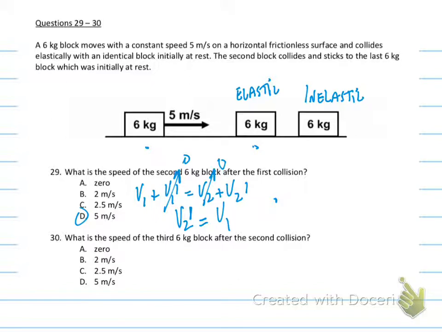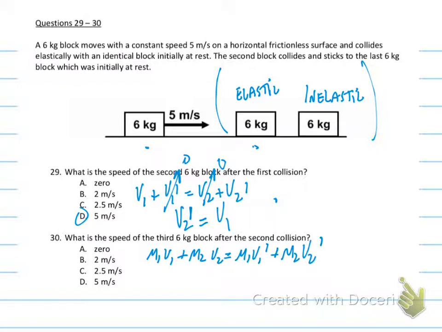Number 30, what's the speed of the third 6 kilogram block after the second collision? All right, so we're just interested in this portion here. So we can say, m1 v1 plus m2 v2 equals m1 v1 prime plus m2 v2 prime.